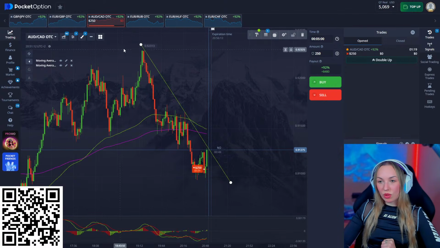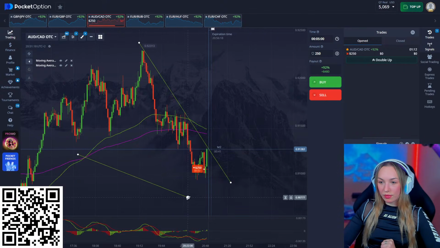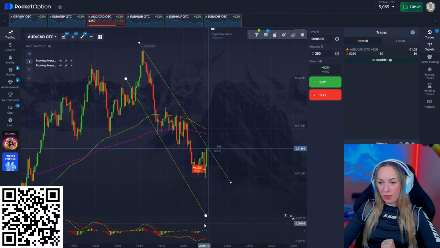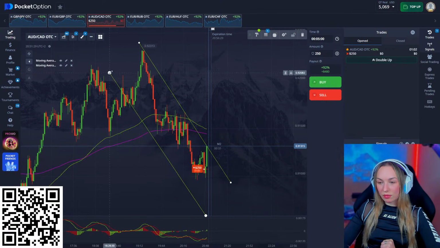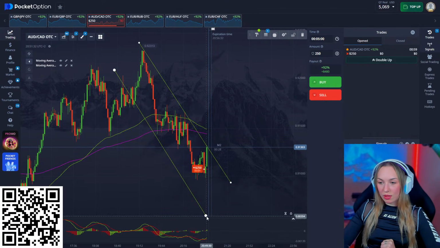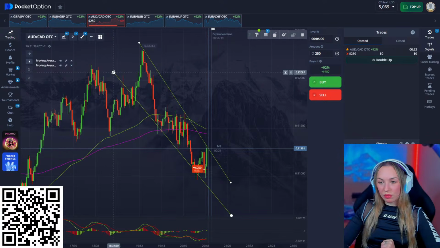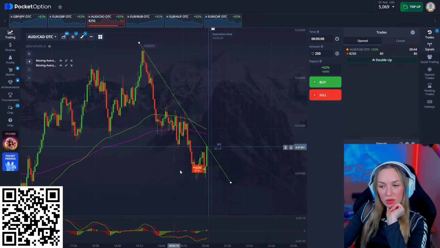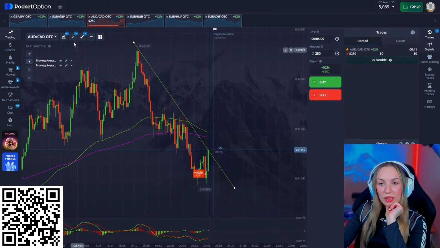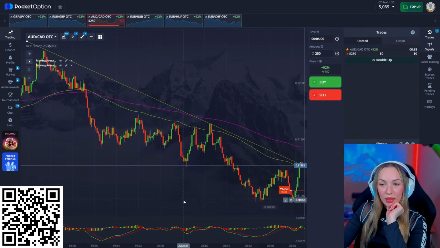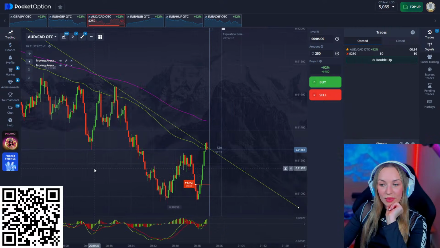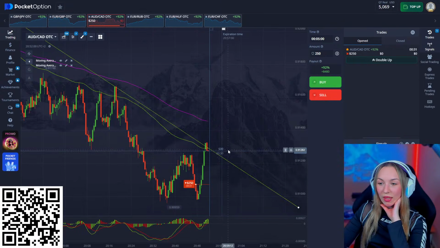Like you see, if we draw the channel here, we can see that I entered closer to the support than the resistance. I can't clearly see where the support is, but if there is the resistance, then here is where I lost, let's say.